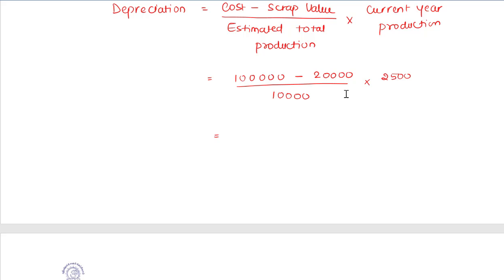Calculate it using a calculator: 80,000 by 10,000 multiplied by 2,500. So it is 20,000. I believe you understood.